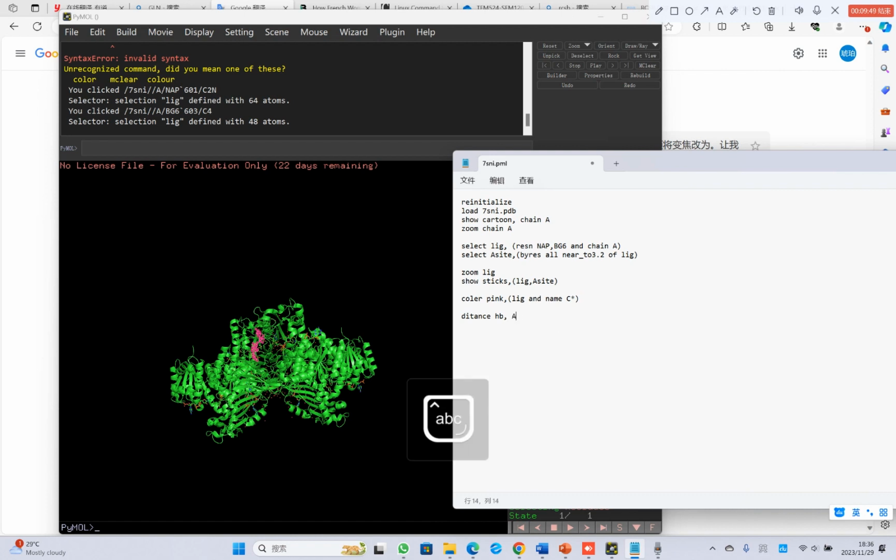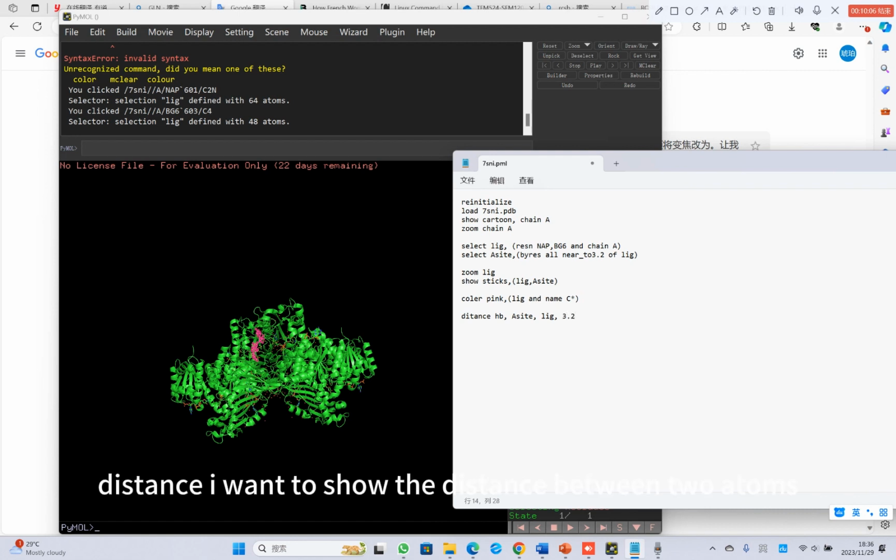Okay, distance. Distance actually is the command to show the distance between two atoms.